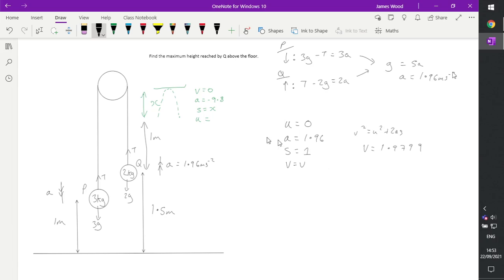Okay. Now let's focus on this bit then. So u is going to be this thing here, 1.9799. And then I can do v squared equals u squared plus 2as of this section here. So it's going to be v squared equals u squared plus 2as.